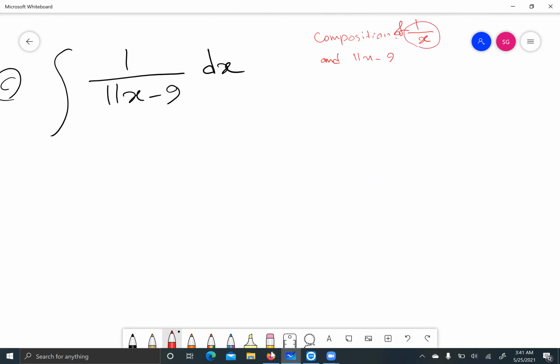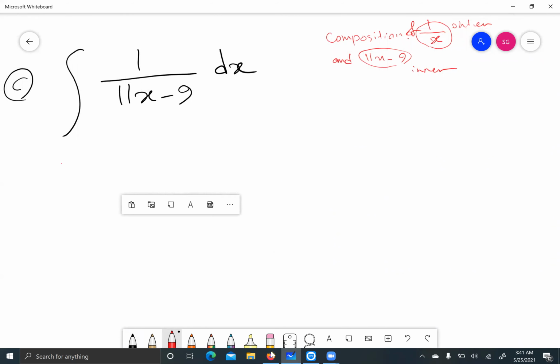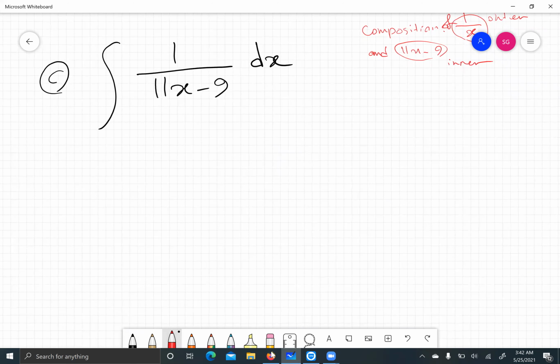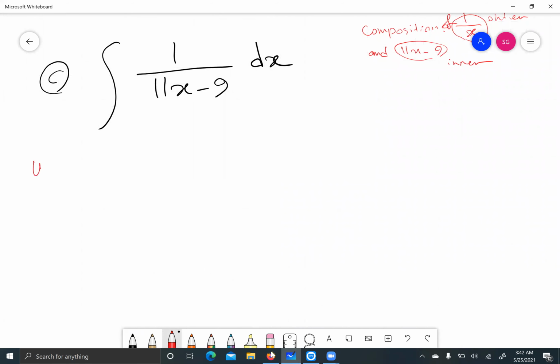So this is the outer function, and this is the inner function, right? So use substitution. Take the inner function as u.